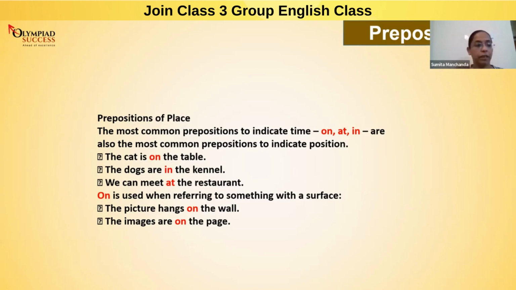What happened, Harnit? Ma'am, but Mercury is not touching the surface. So we can't use on for it. Mercury? Tell me the sentence. Mercury, the planet Mercury, so Mercury, Venus, Earth, that you are saying. Tell me the sentence if you know.